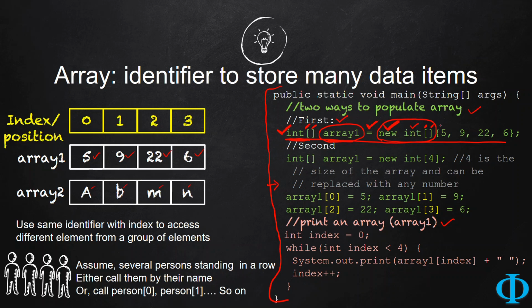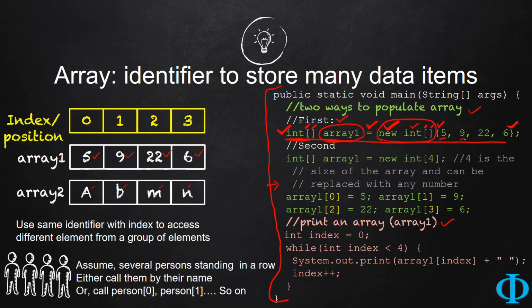In order to do that, you have to enclose all the data items that you want to store in the array inside an opening and closing curly brace like this. And inside this curly brace, you have to write down all the data items that you want to store.